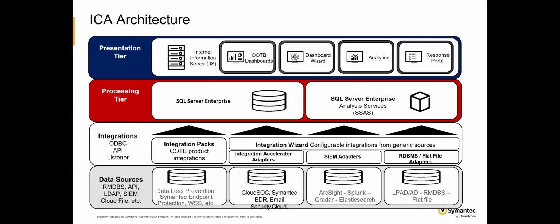And then finally, the data source layer, with ICA supporting multiple DLP platforms, various endpoint technologies, CASB, SIEM, LDAP, etc. So I have mentioned this already. Although ICA supports numerous data source integrations, DLP is the primary integration, and it makes ICA so powerful.